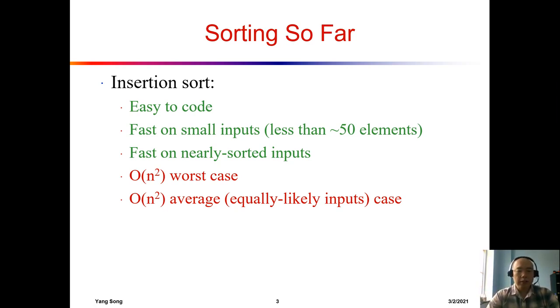And especially since the insertion sort doesn't have to do any recursion, this means the insertion sort will be faster on smaller size of the input.